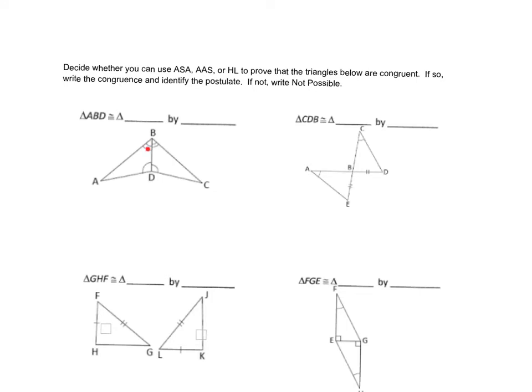Well, it looks like B has some congruence there, and D has some congruence there, and BD is shared by both triangles. As such, we can say that triangle ABD is congruent to triangle CBD by the angle, side, angle postulate.